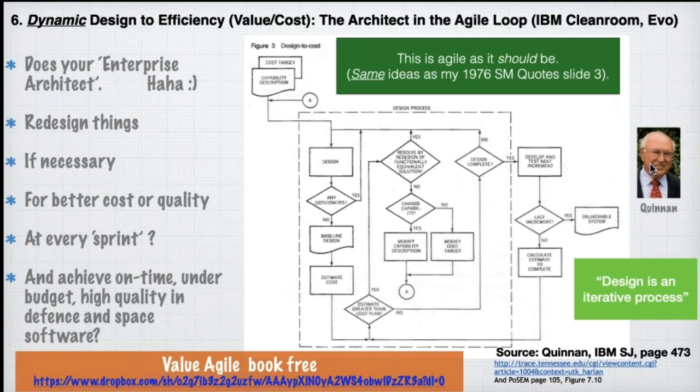And then we'll try out our architect's new theory, see if it works in practice measurably. That is a fantastic idea, and everybody should know about it. And that should be part of what I call Agile as it should be.